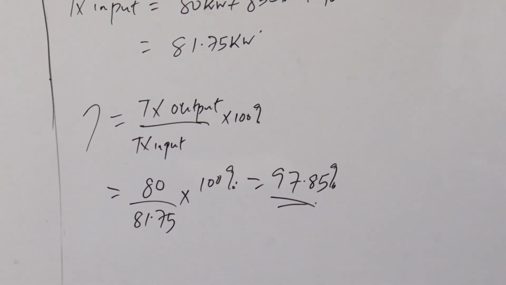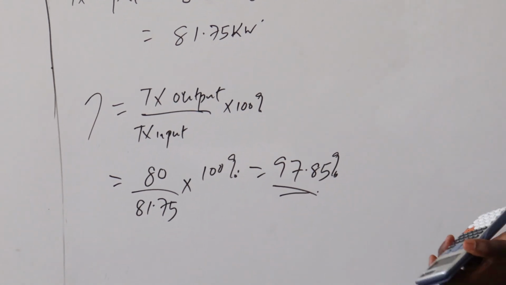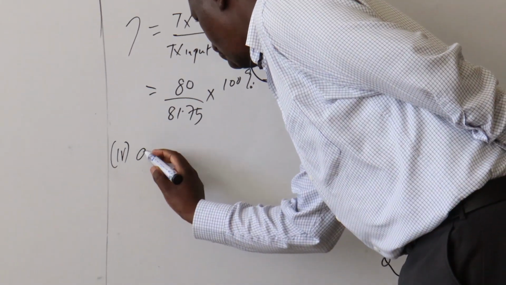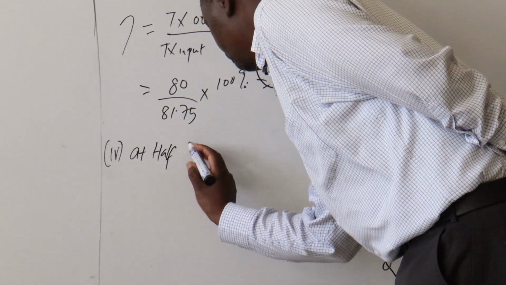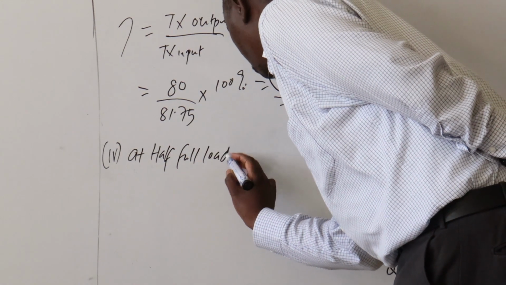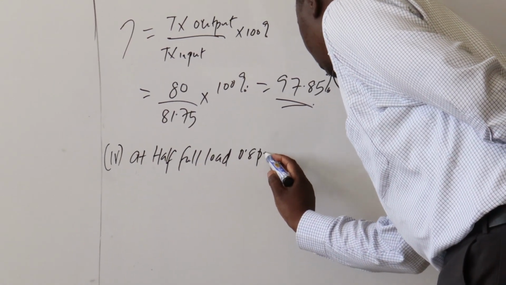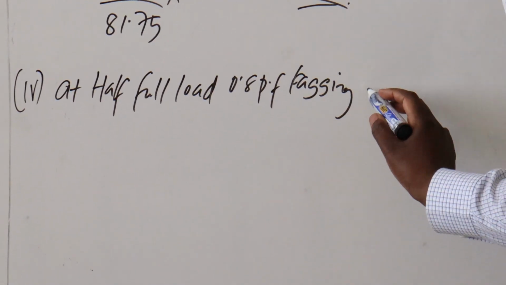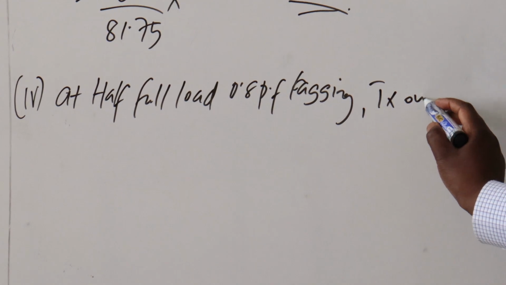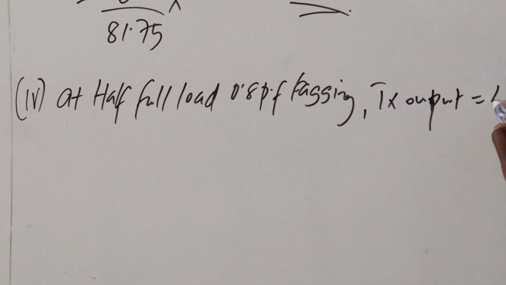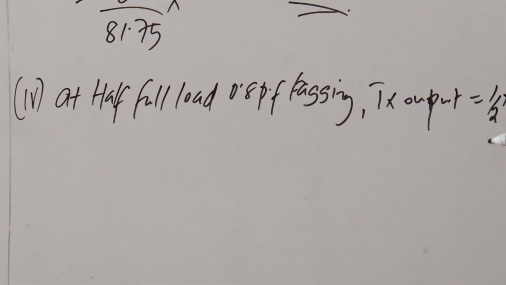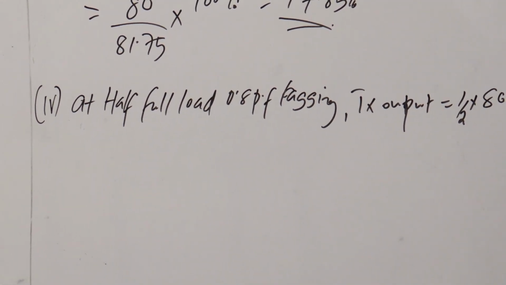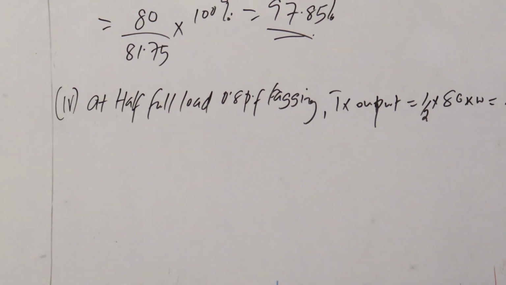So similarly, with half full load, which remains as part 4 of the equation, at half full load, 0.8 power factor lagging, we shall have the transformer output as a half times the output at full load, which is 80 kilowatts. We shall have this as 40 kilowatts.